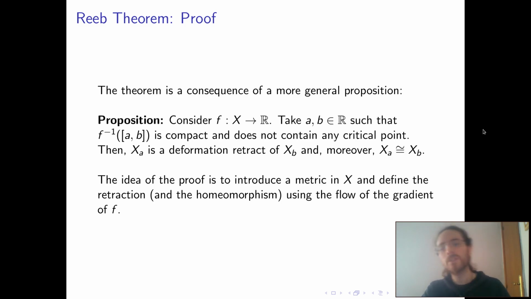To prove this theorem, the main idea is to introduce a metric in X, and we take the gradient of our function f. We need to restrict ourselves to this set, because what we want to do is to normalize the gradient.